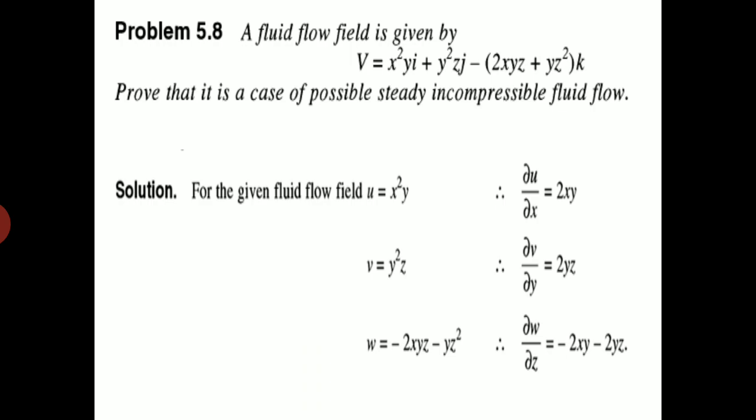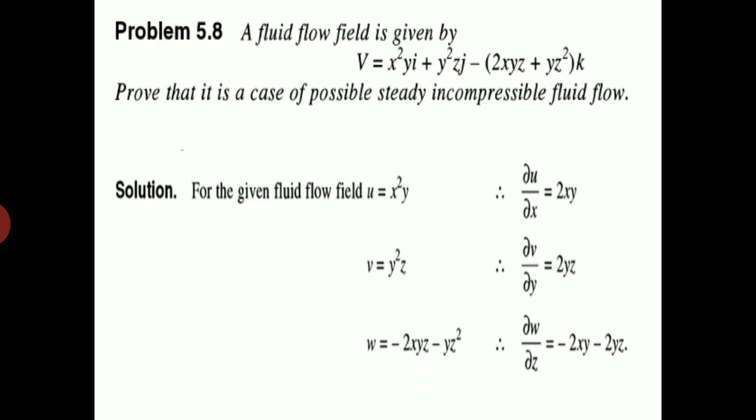Means what, we have to satisfy the continuity equation. So whatever is with i, that will be u, whatever is with j, that will be v, whatever is with k, that will be w. So u is equal to x square y, v is equal to y square z, w is equal to minus 2xyz minus yz square.